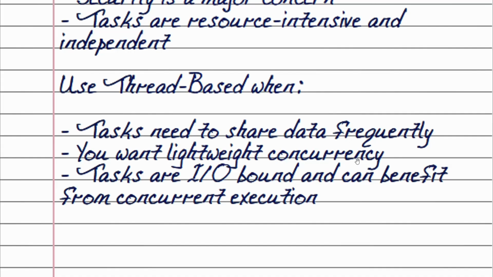If you want it lightweight, then we can use thread-based multitasking. Then, tasks that are input-output bound can benefit from concurrent execution. Each task has a limit for input and output, and it can be beneficial for parallel execution.